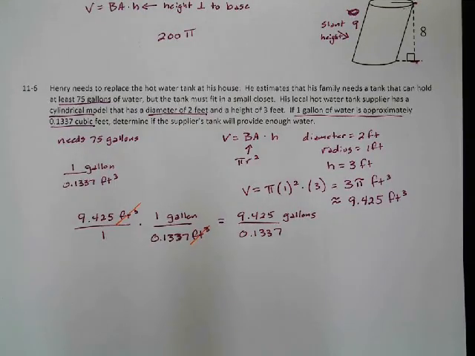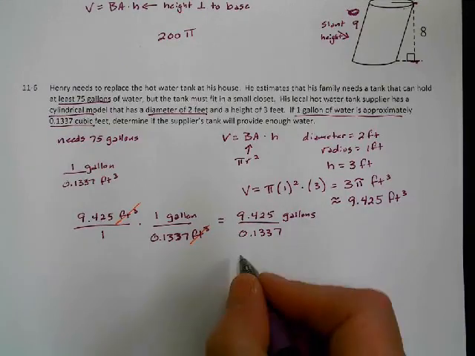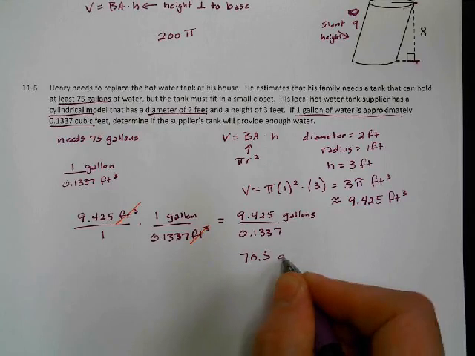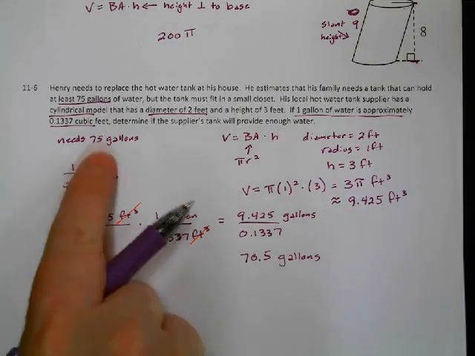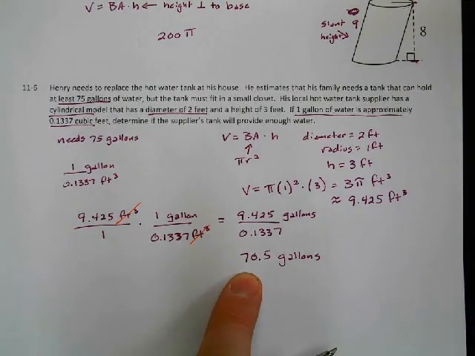So when I do 9.425 divided by 0.1337, I get 70.5 gallons. Not enough. We needed 75 gallons, and this tank only provides 70.5 gallons. Got to get a bigger model. All right, that's all I got. Math hard. See you guys later. Bye-bye.